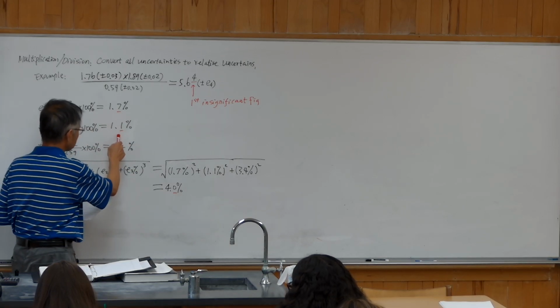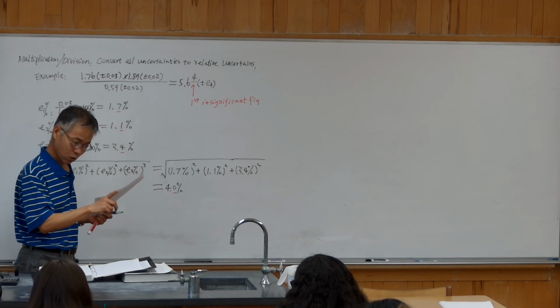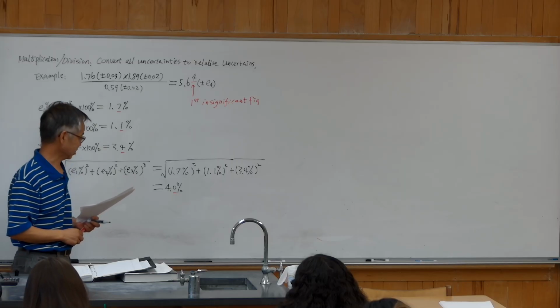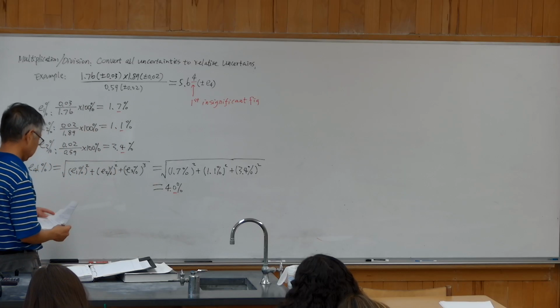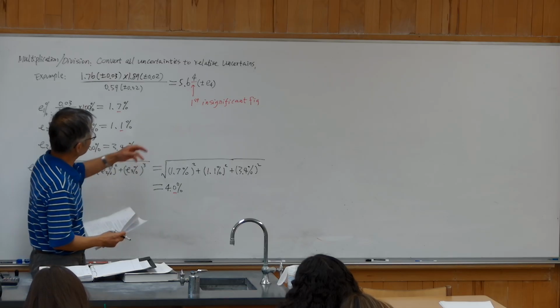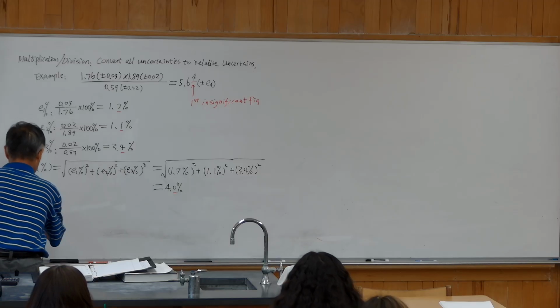So these are the same: first insignificant or one actual digit. Similar to here. Then your answer will be 5.64 plus or minus 4.0%.